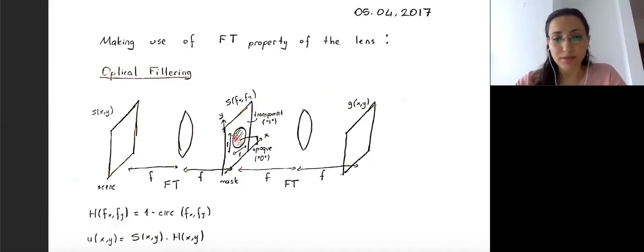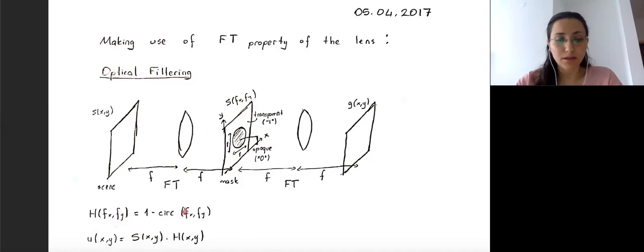In this case, this is actually a high pass filter, because we're blocking the frequencies at the center. We have an opaque material here, and we are allowing high frequencies to pass. So this is actually a high frequency filtering system. For example, if you're trying to do edge detection, we can use this 4F system.